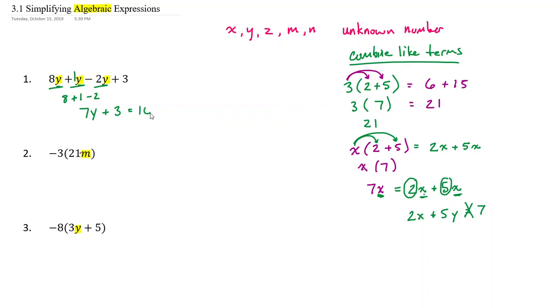Now, can we add the 3? Can we just say 10? 7y plus 3 equals 10 something, maybe 10y, maybe 10 without the y. No, we can't do that because we can only add the numbers together if they're talking about the same thing. All of these numbers, 8, 1, and negative 2, we're talking about y's, oranges, let's say.